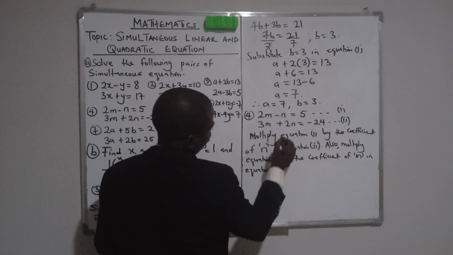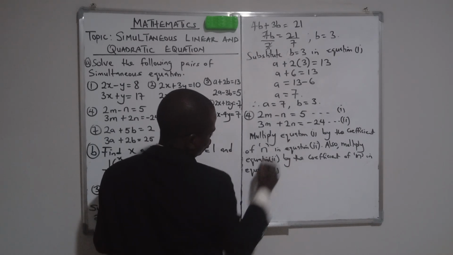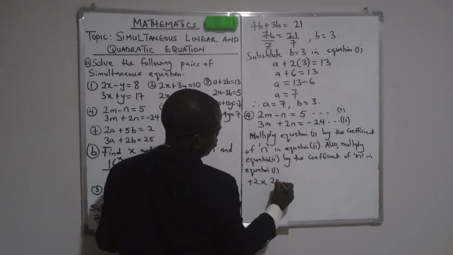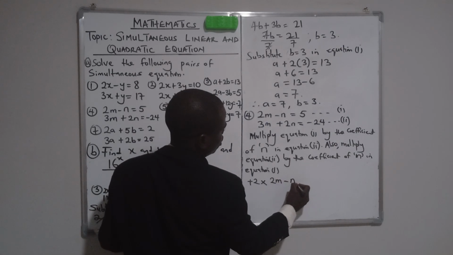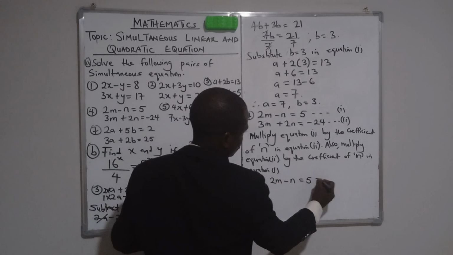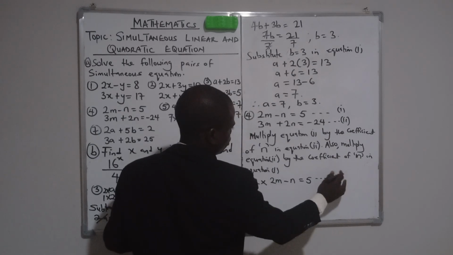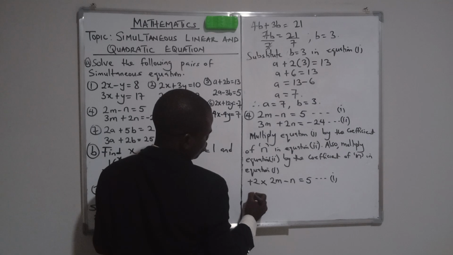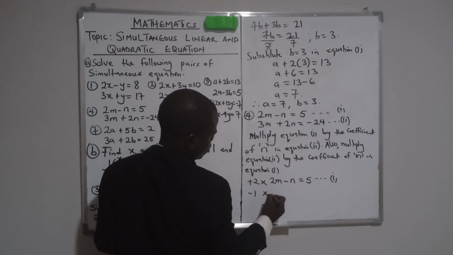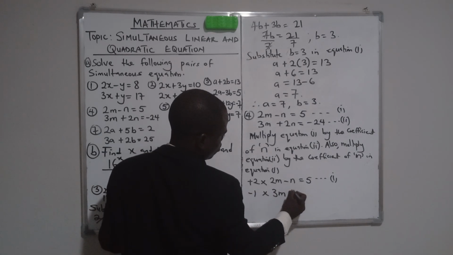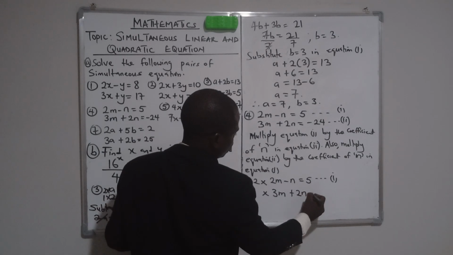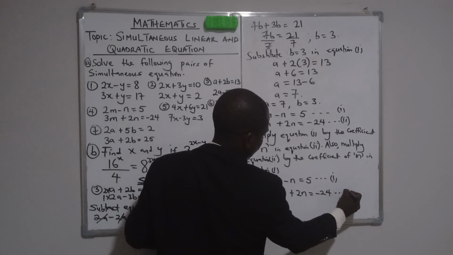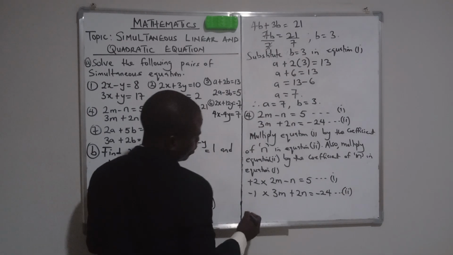In that case, we say 2 times 2m minus n equals 5. That's our equation 1. This one is minus 1. Minus 1 times 3m plus 2n equals minus 24. Equation 2. Now let's get our equation 3.